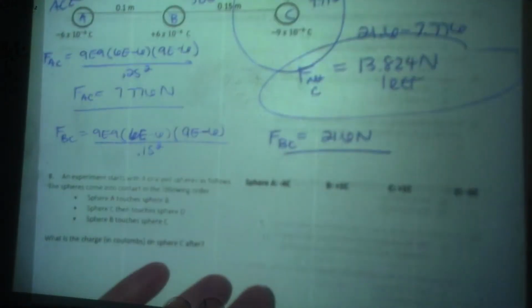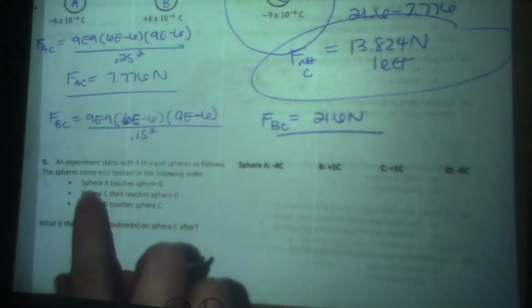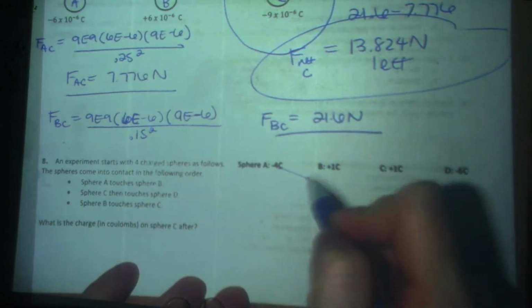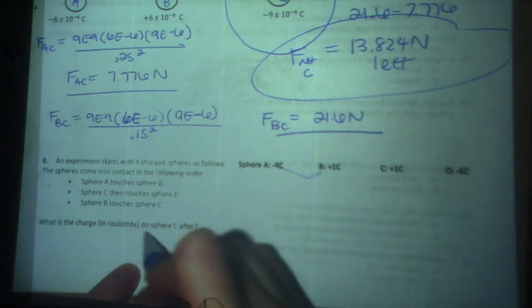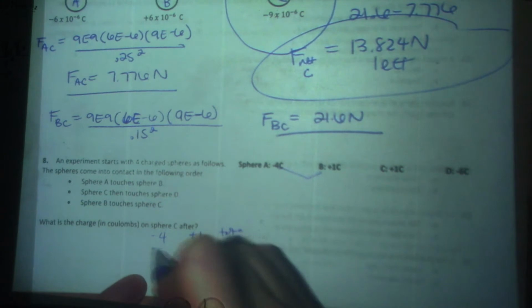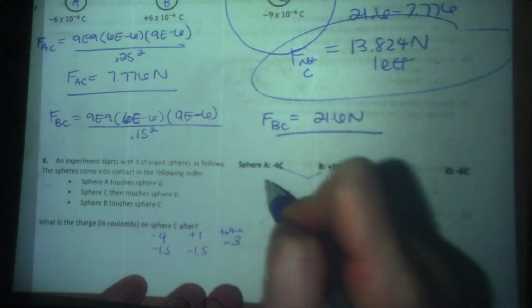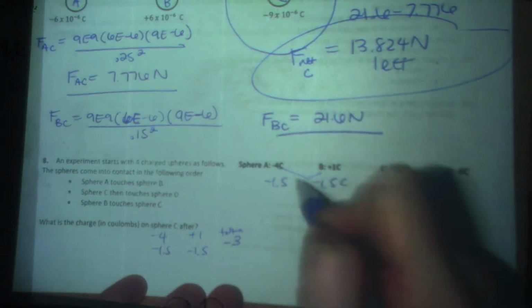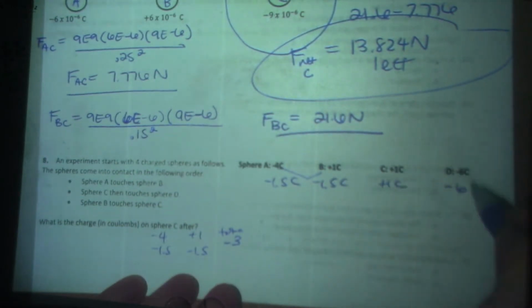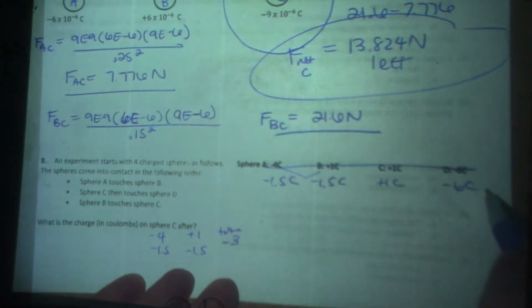Number 8, so we start with these charges and then they come into contact in the following order. So A touches B. When these two touch, that's -4, +1, that's a total of -3, so each has -1.5. So these would be -1.5 coulombs after. Nothing happened with these two, so I'll just pull these down, and then these are my charges now.